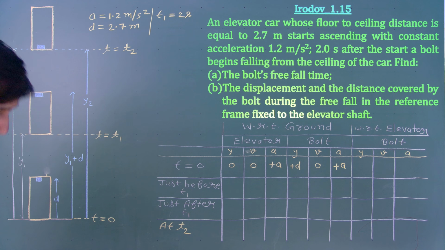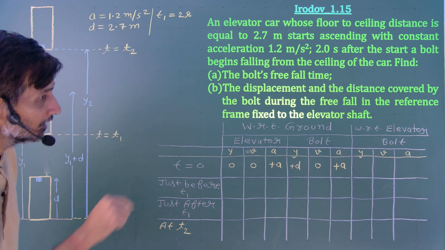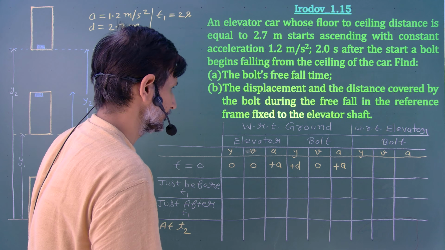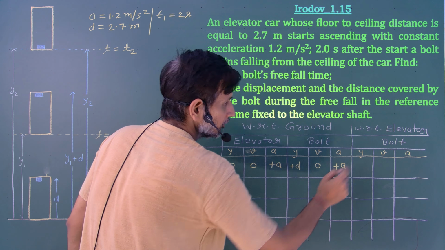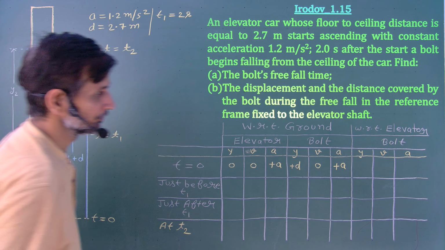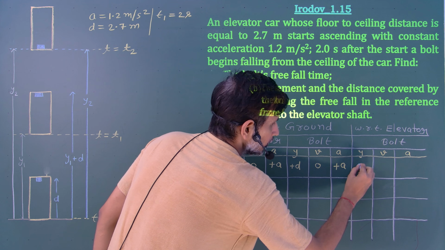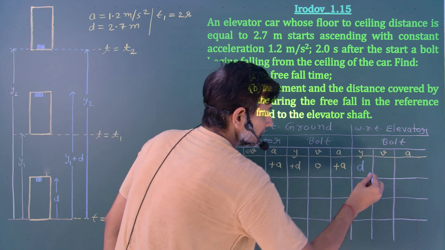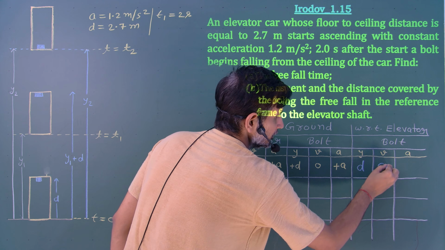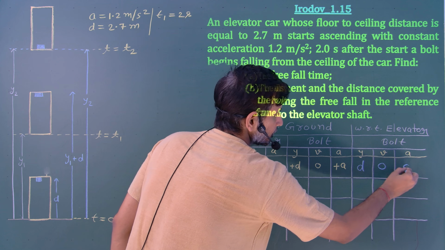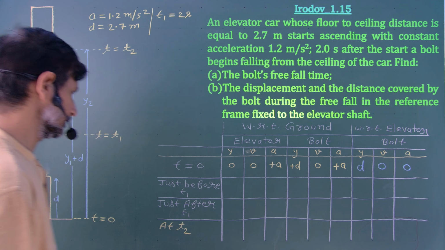Okay. Now we can calculate the same thing about bolt but with respect to elevator. What is the position of bolt with respect to floor of elevator? This is distance d. So relative position of bolt with respect to floor of elevator is d. What is the relative speed of bolt initially? 0. What is the relative acceleration of bolt? 0. So this is the situation.